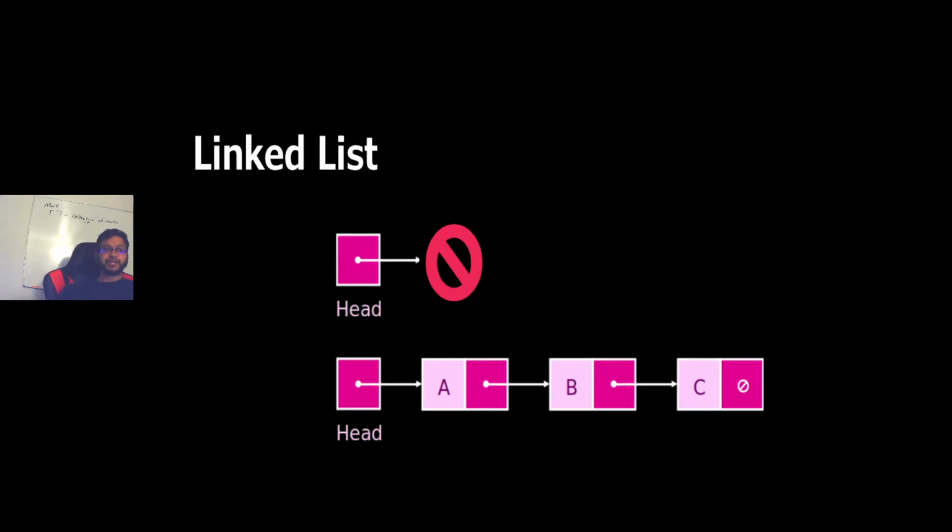When you initialize a linked list, the head has no data associated with it, so at the top you can see that the head points to null. However, in the image below, after you've added some data to the linked list, A, B, and C, the head points to the first element added, and then that element points to the next element, and it keeps going down until you reach the end, and then the last element points to null.